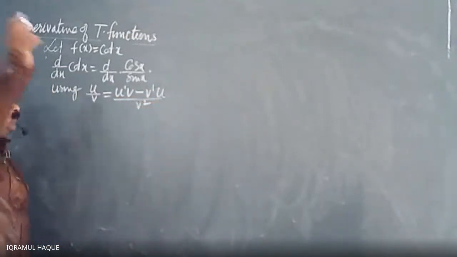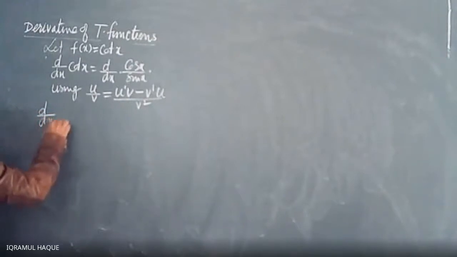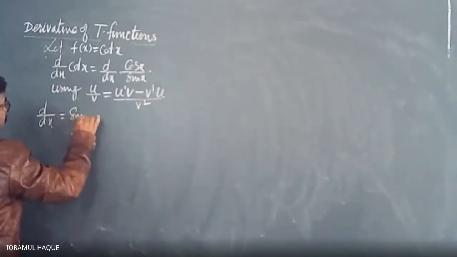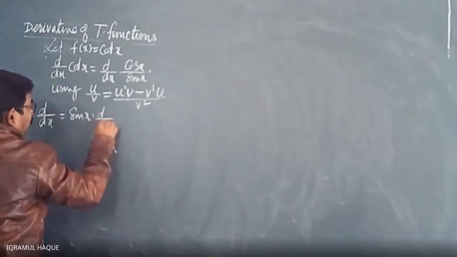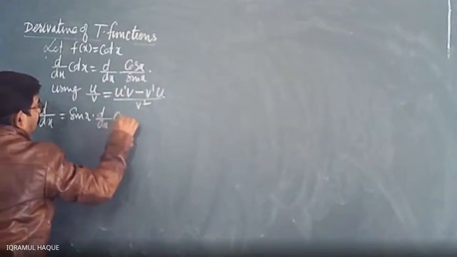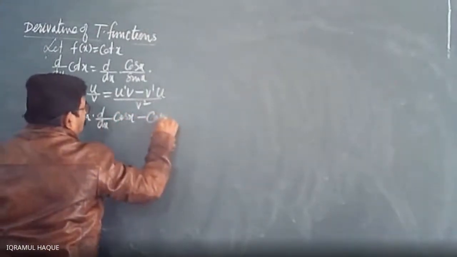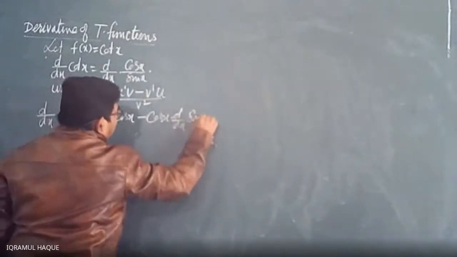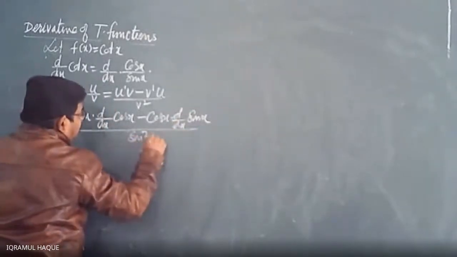Remember this formula? Now we write d of dx of, see, sin x denominator into d of dx of cos x minus cos x into d of dx of sin x upon sin square x.